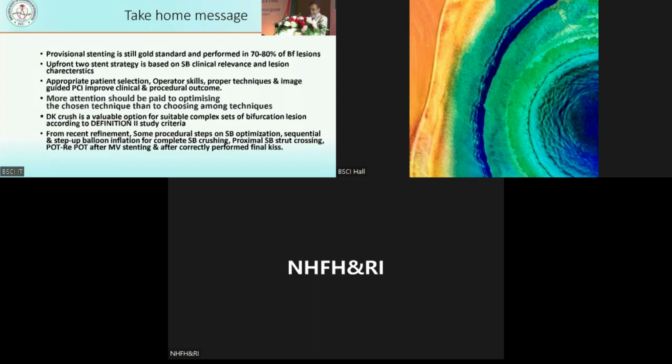And from recent refinements, some procedural steps on side branch optimization, sequential and step-up balloon inflation for complete side branch crushing, proximal side branch strut crossing, POT, re-POT after main vessel stenting, after correctly performed final kiss is the key to success. Thank you.